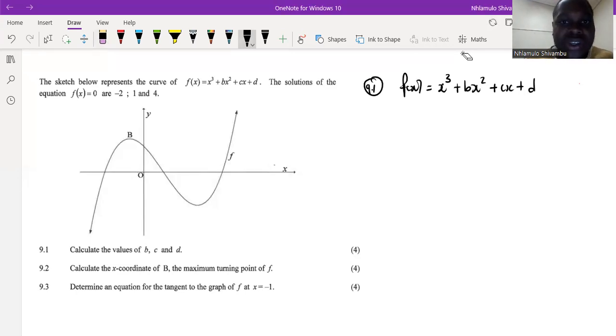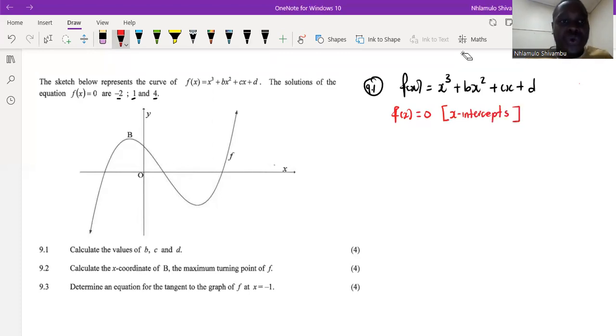Then the solutions of the equation f of x equals 0 are -2, 1, and 4. So the solutions of f of x equals 0 are the x-intercepts.